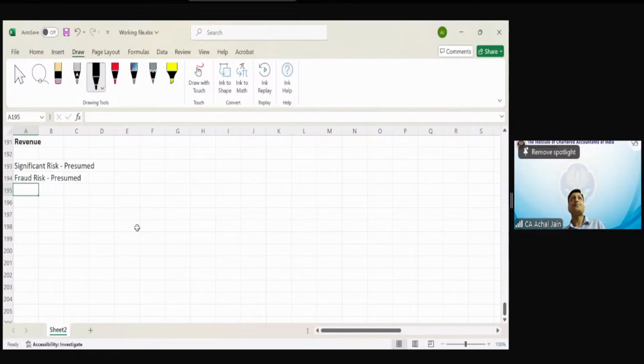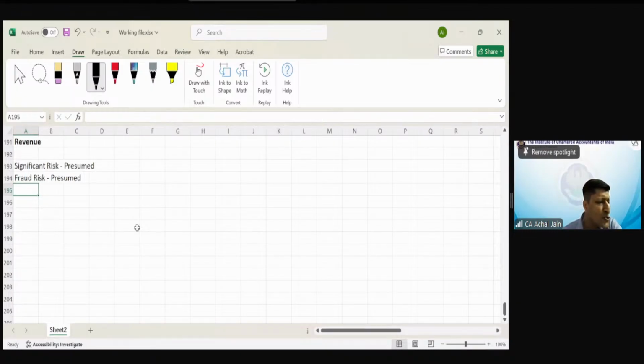So you can now very well understand that revenue is of such high importance. It's a significant risk area, so significant time and effort of the audit team, including the senior members, is devoted to the audit of revenue. And that's why there are significant procedures required to be performed in relation to revenue.